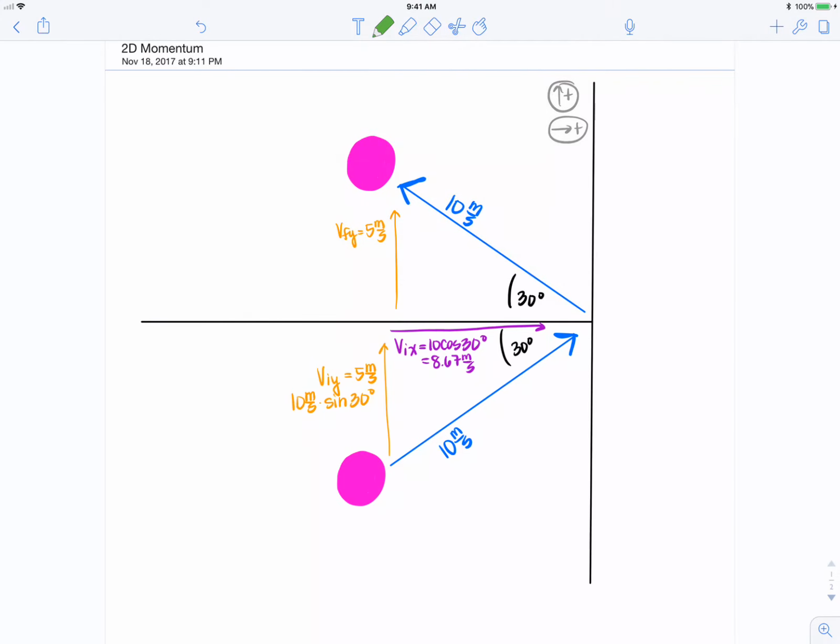But for our outgoing velocity, VFX, we have negative 8.67. So again, this is 10 cosine 30 degrees, but it's pointing the opposite direction as the initial velocity, so it's negative 8.67 meters per second.